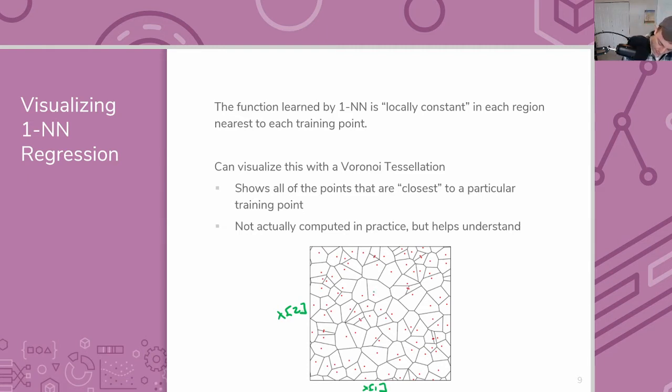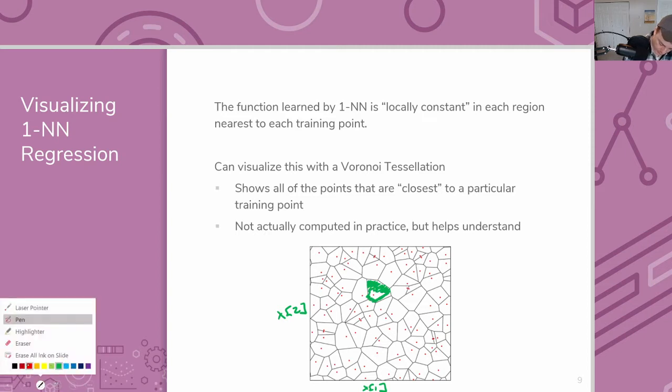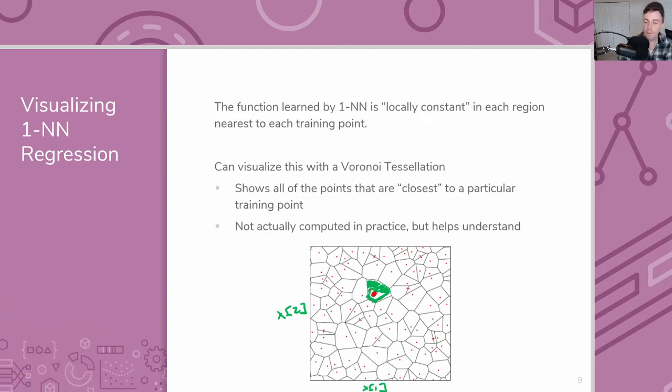So for example, all of the points inside this cell are the closest to this one. And so within any individual cell here, the prediction will be the same. The prediction will be whatever the label is of that training point.